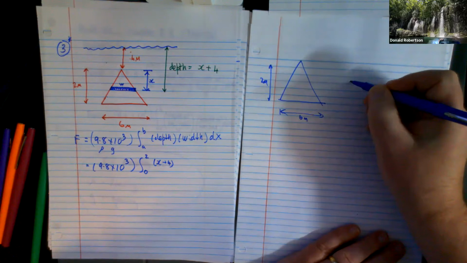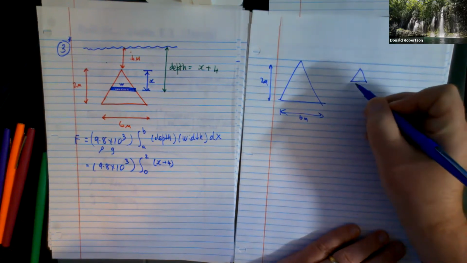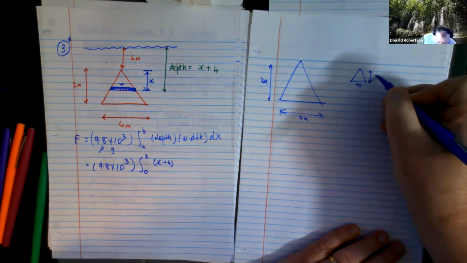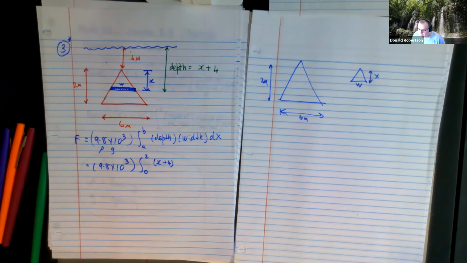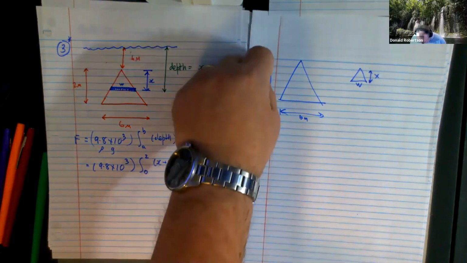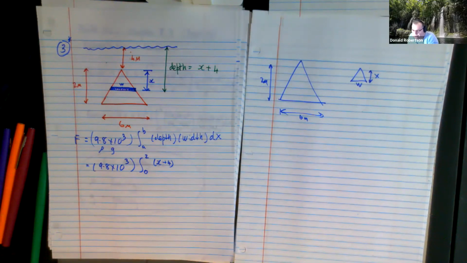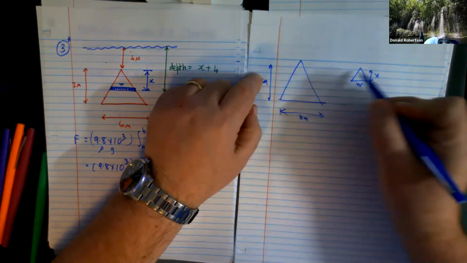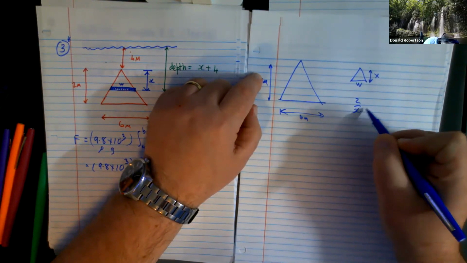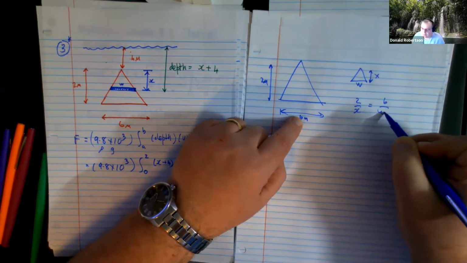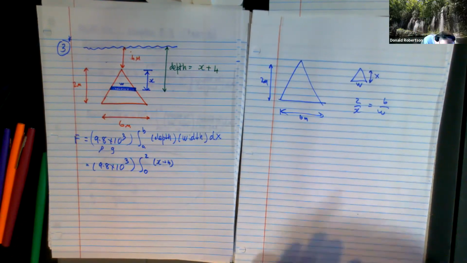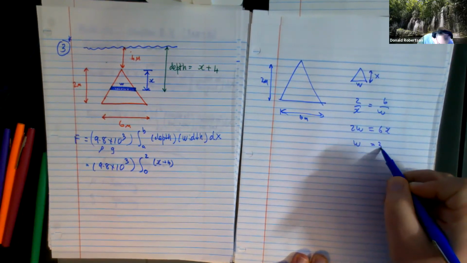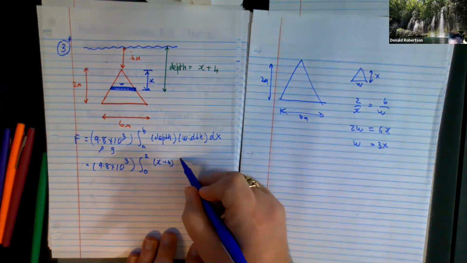And we get a little baby one, W by X. Now, although that isn't a side, the similar triangles, you're allowed to use heights and sides. So corresponding 2 matches with X, 6 matches with W. A little cross multiply, and then divide by 2, which means we now know the width.